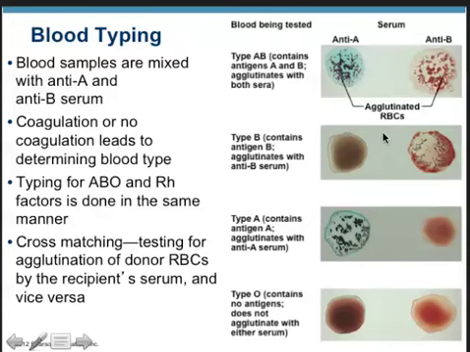In this example, we have no agglutination in the A well and we have agglutination in the B well, so this individual's blood type would be B. And over here, we have agglutination in the A well and none in the B well, so this individual's blood type would be A. And finally, down here, with no agglutination in either well, we can assume that this individual is type O.